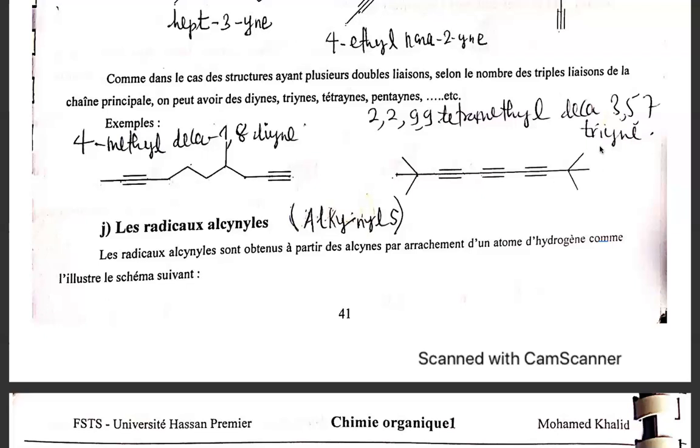The multiplication factor here becomes 3 because we have 3 identical triple liaisons. It now becomes triyne. Then we come to this side. Is it clear on the chain principal, the prefix, and the terminaison with the positions of the triple liaisons? Is it clear?